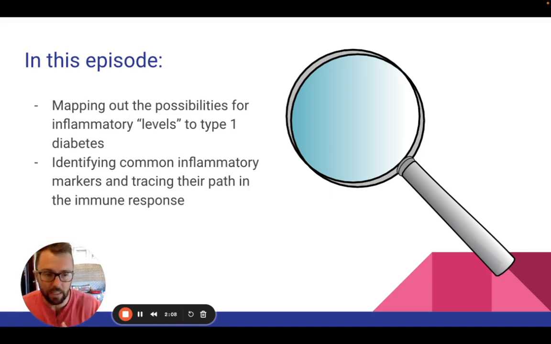We're going to see the possibilities in how our body develops diabetes from an inflammation standpoint as well as the immune reaction standpoint. And so we'll spend this episode identifying some of the common players, the inflammatory markers causing the damage that is initiating diabetes, and we'll trace their path throughout the immune response.